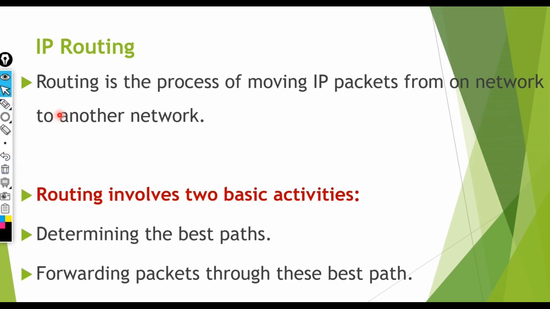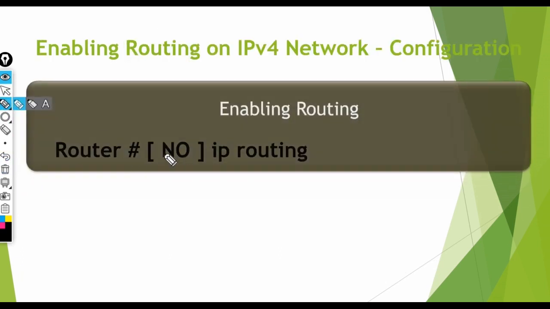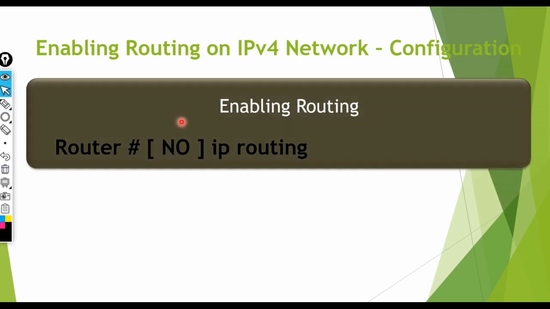How to enable? Just ip routing is the command to enable IP routing in old IOS. If you have the new IOS, this ip routing command is there by default. To disable IP routing, in the sense to disable the routing table, you can use no ip routing.